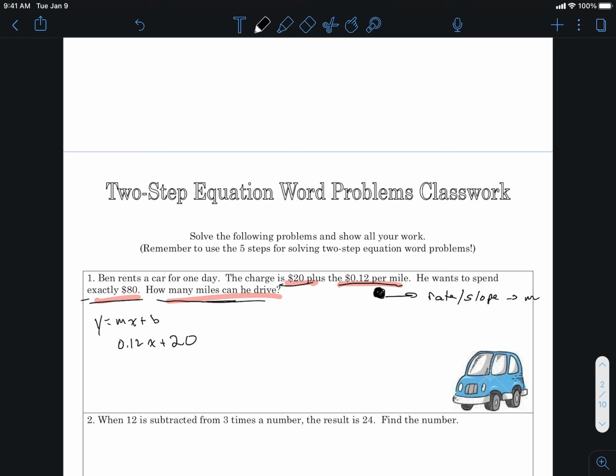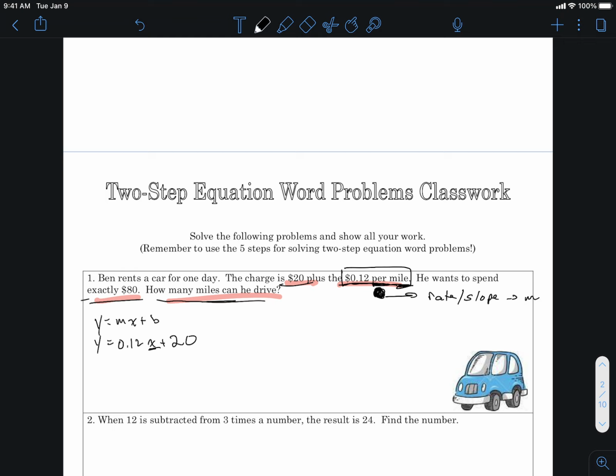So I would say if he's going to get charged 12 cents per mile, the thing that is changing or dependent is, sorry, the cost, or how much he's going to pay, is going to be the dependent one, right? And the independent one is that he's going to drive some miles, it doesn't matter. He just wants to find out how many he can drive, right? And the price is going to depend on that, right? So we have independent and dependent variables again, right?